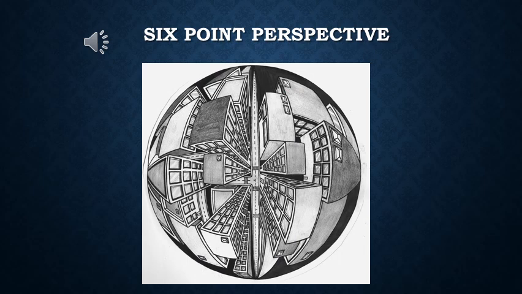This is the 6 point perspective, and we can see that it's turned into a ball. It's completely round shaped, and although the buildings and their details are very straight in real life, when we have six vanishing points the object is going to be very round.